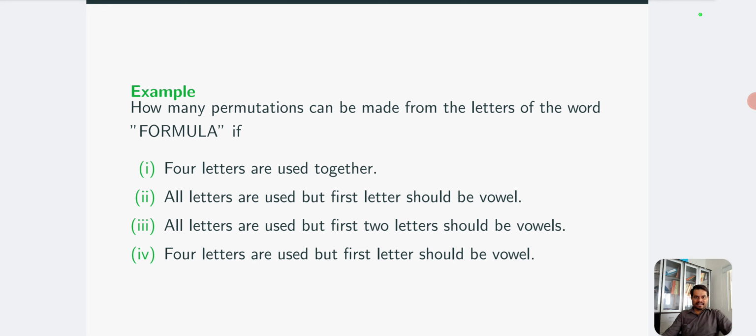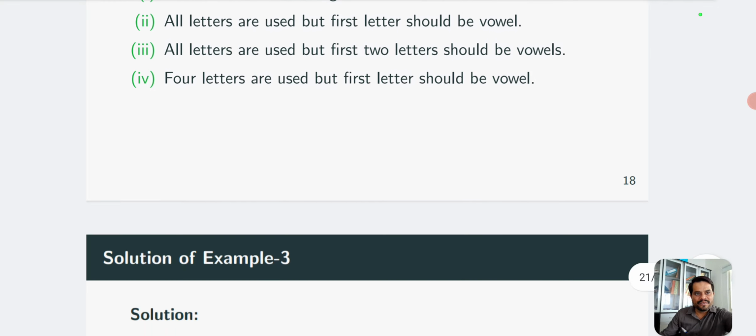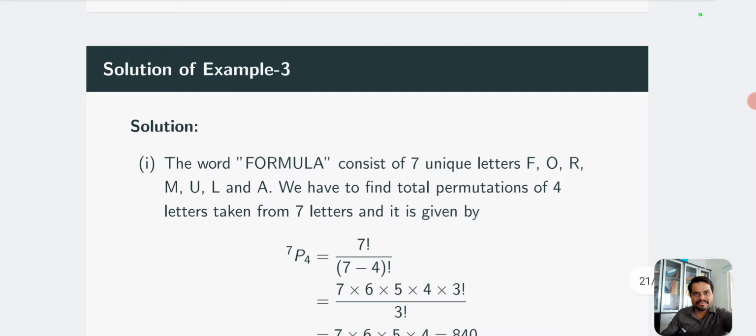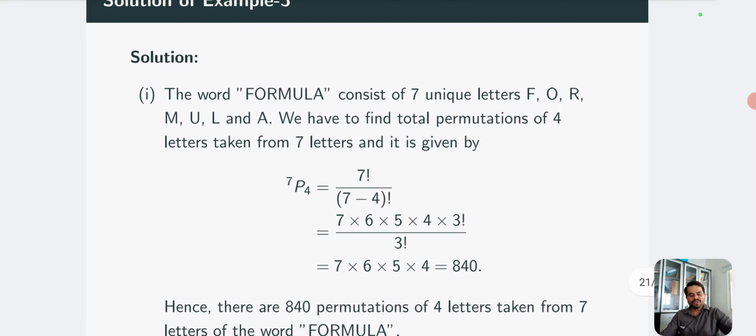The third question is, all letters are used but the first 2 letters should be vowels. The fourth question is, 4 letters are used but the first letter should be a vowel. In this way you can find the solution.